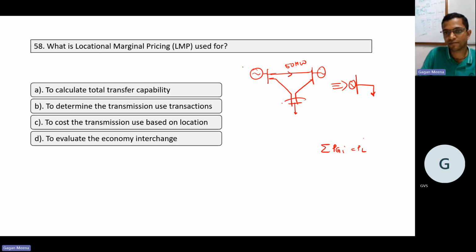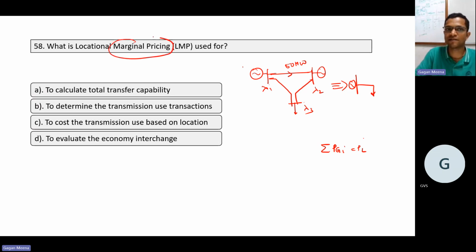And because of that, the incremental cost on this bus will increase. Initially, it was the same on all the buses because there was no restriction, but now it will change on these buses. We will get one incremental cost for each of the buses, and we call them locational marginal pricing.